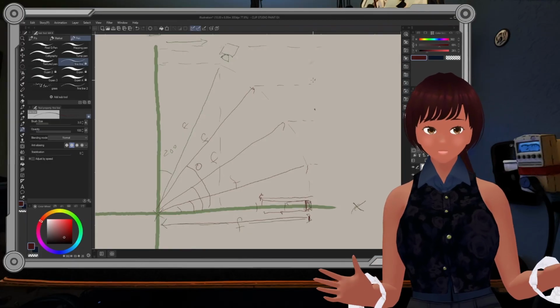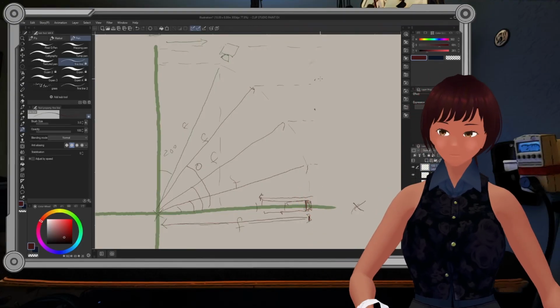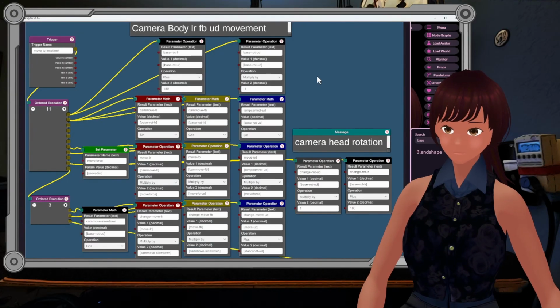So that's why we have that variable, the parameter for limiting our distance.